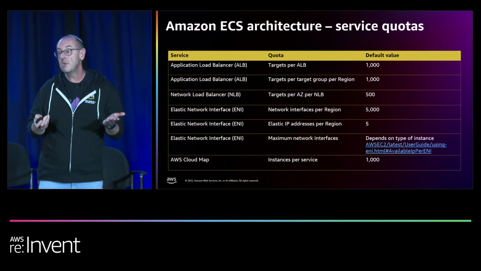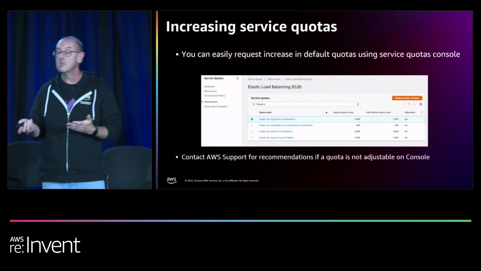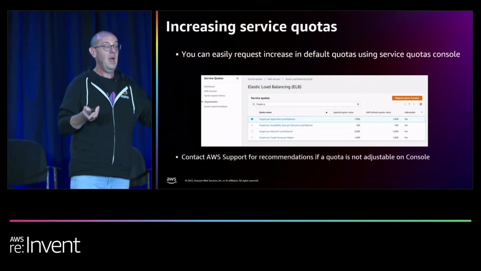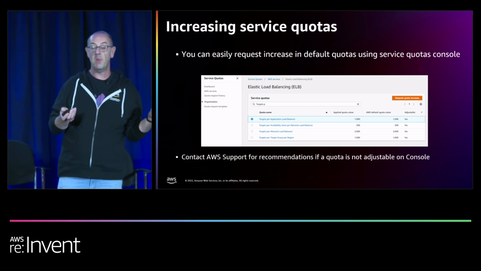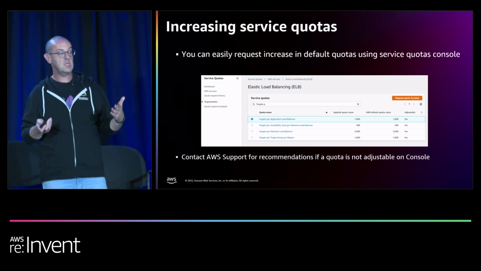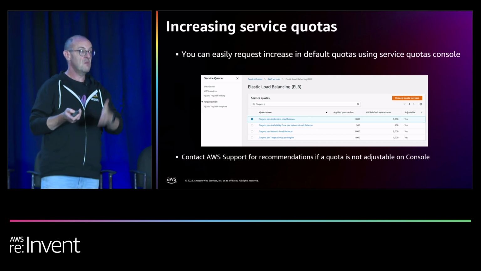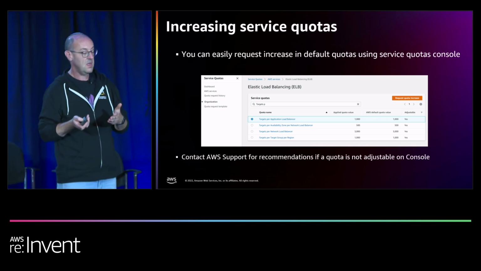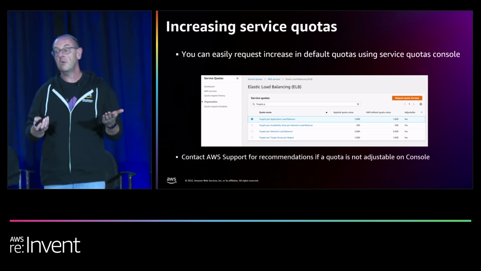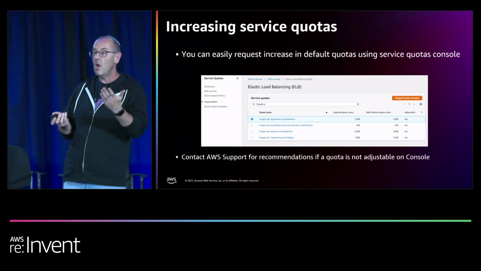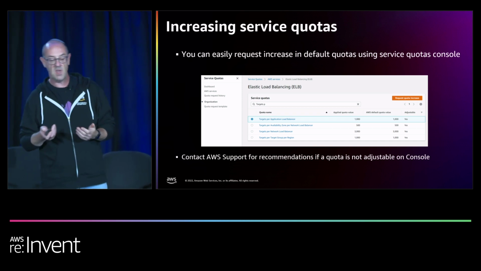And it's not that difficult to do. All you need to do is go into the console, the self-service portal, and request additional resources for your account for that specific metric. If by chance you come across a metric which you don't find in the service limits console, feel free to cut a ticket to AWS support, and they will help you raise that specific limit if it's not available in the console.